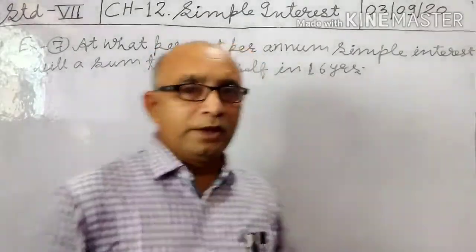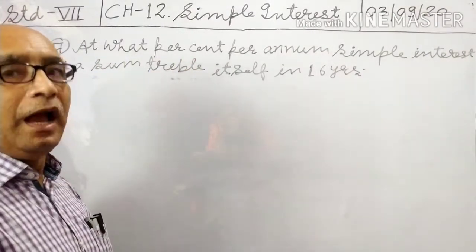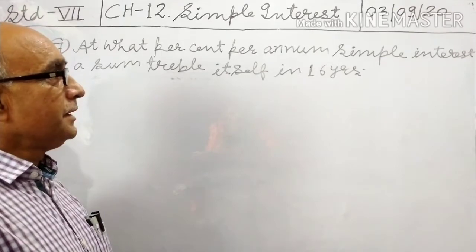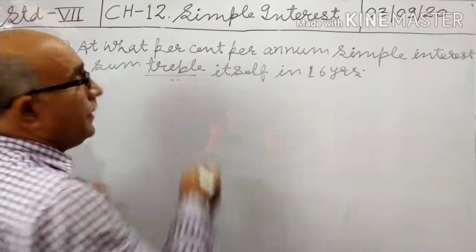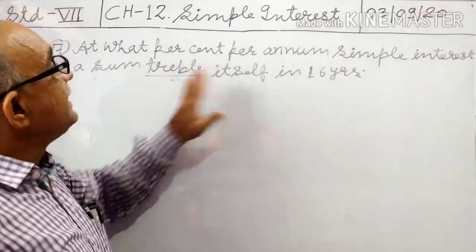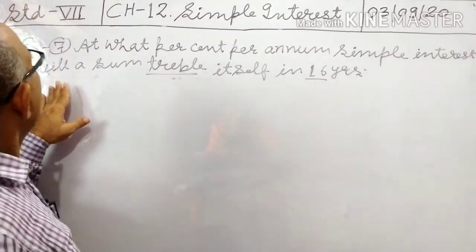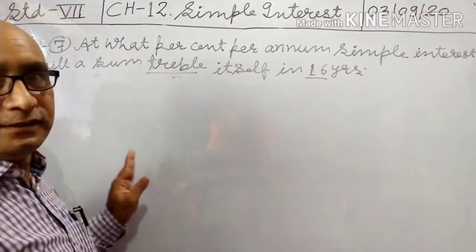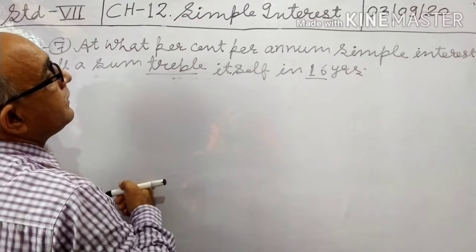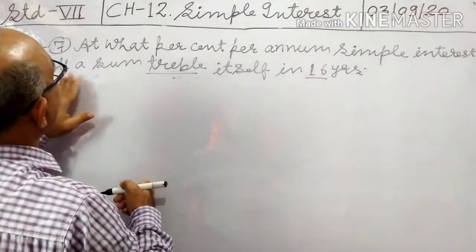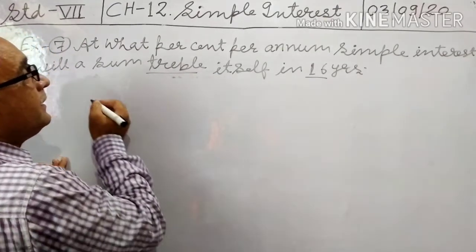Students, next important question is example 7. At what percent per annum simple interest will a sum triple itself, means become 3 times itself, in 16 years. Students, we have to find the rate here.